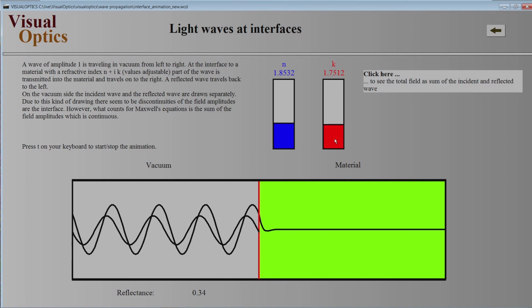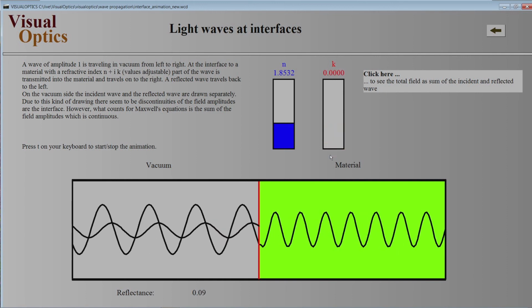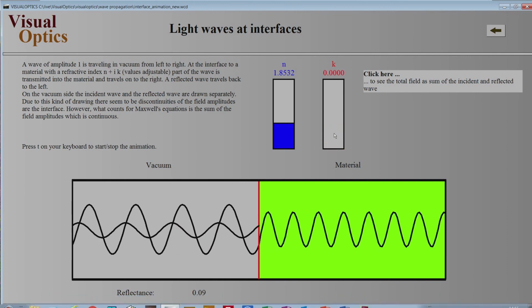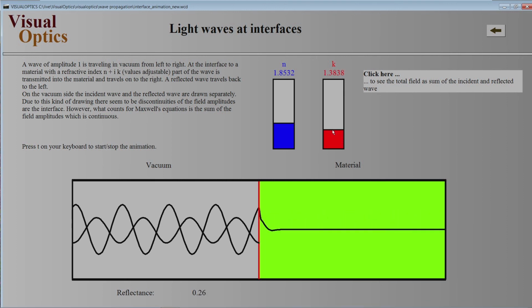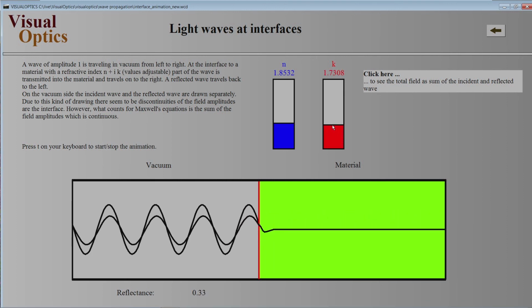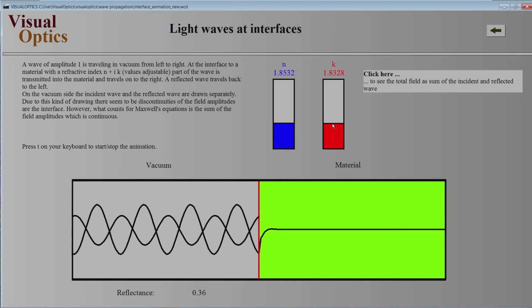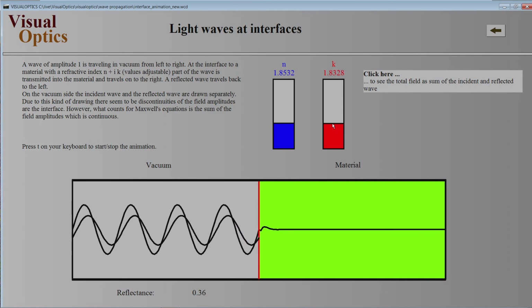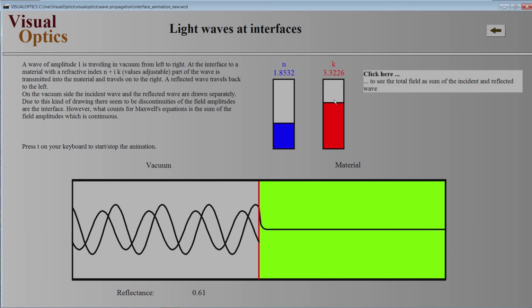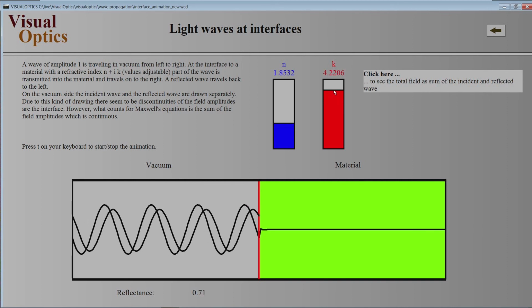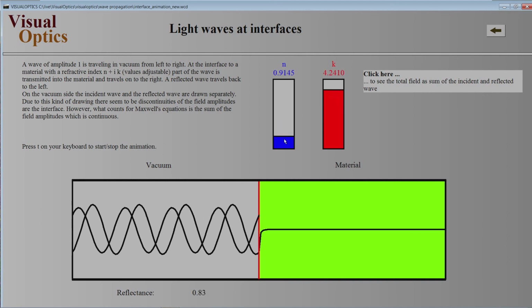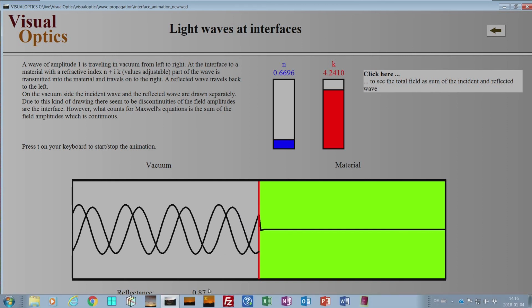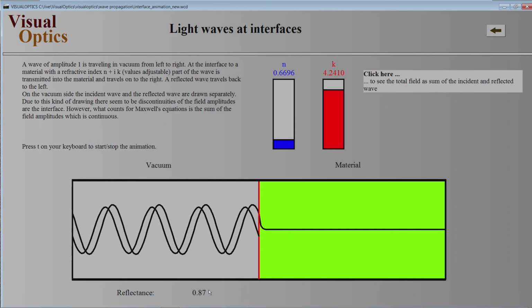Without K, it would be only 9%. It would be smaller. So K takes influence on the reflectivity. And if we go to a noble metal with large value of K and small value of N, you can see that the reflectance gets really high, 87%.